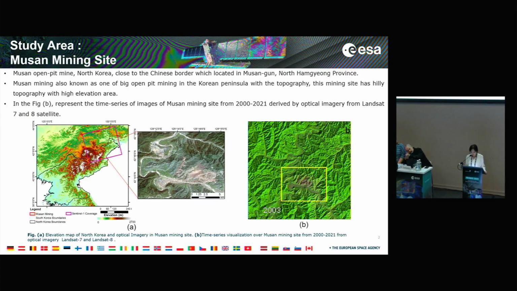This mining site has hilly topography with high elevation areas. In the figure, we show time series images of the Musan mining site from 2000 to 2021, derived from optical imaging from Landsat 7 and 8 satellites.